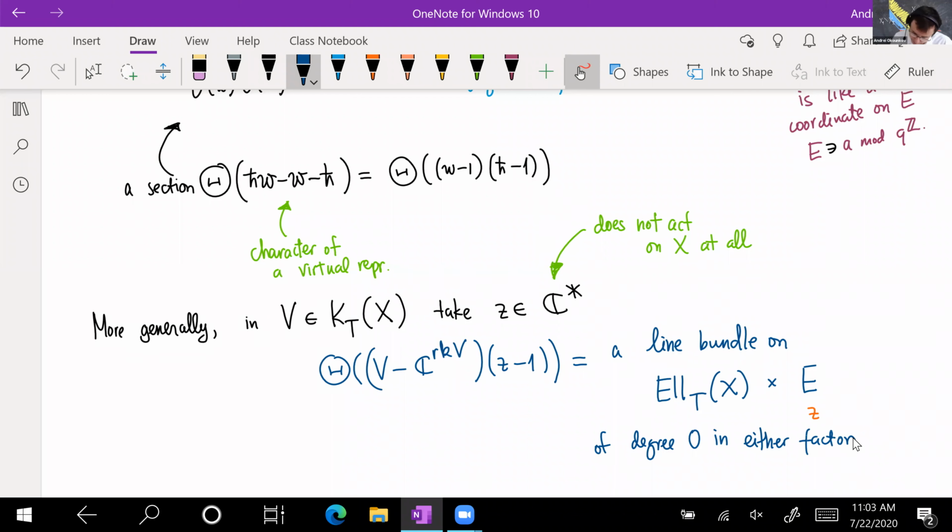So okay, this makes sense. And so this is a very general way to produce line bundles of degree 0. In fact, I don't know a more general geometric way to produce line bundles of degree 0. So maybe we'll call it U of V Z.